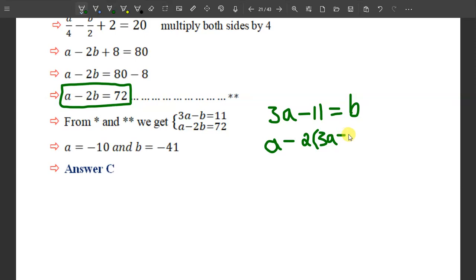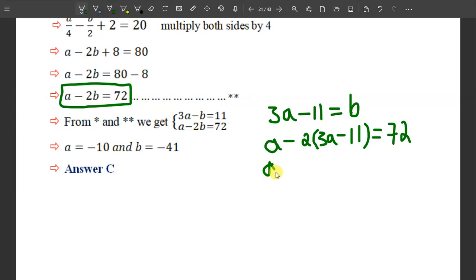Replace b by this one. And then this expression is equal to 72. In that case, now the equation is simply a linear equation. No more system. It is a linear equation which involves one variable only, a.